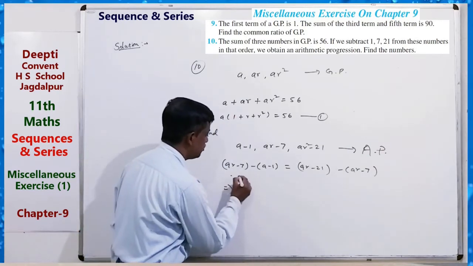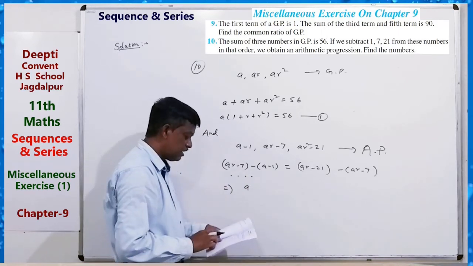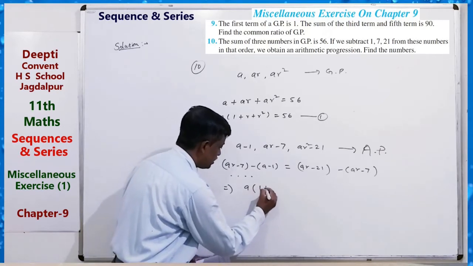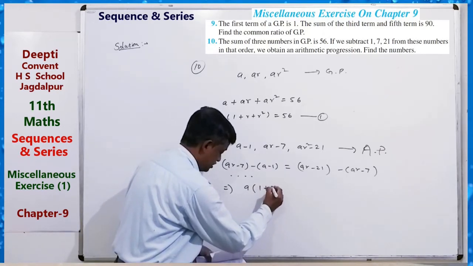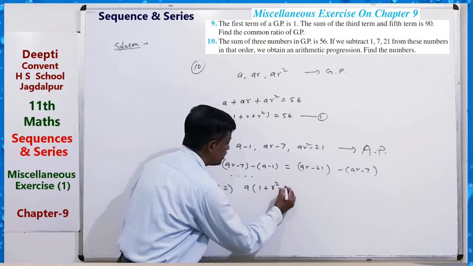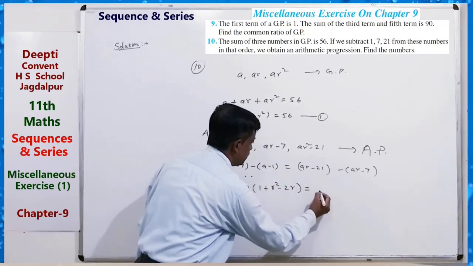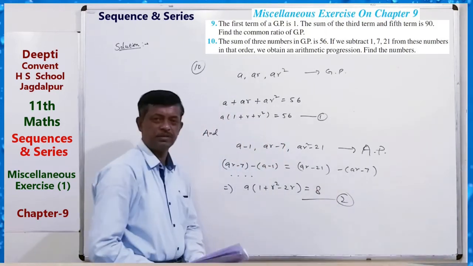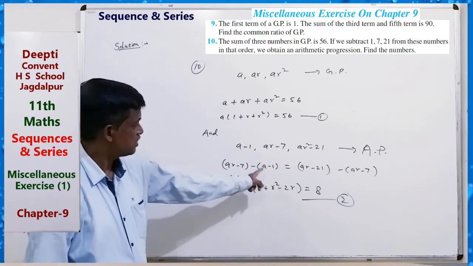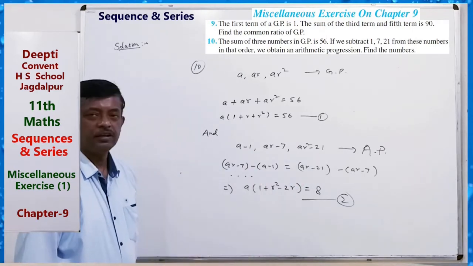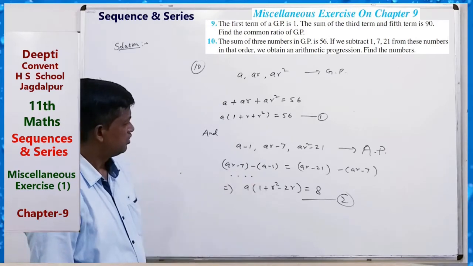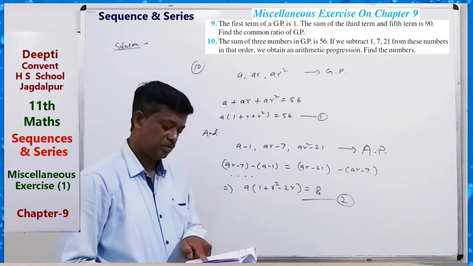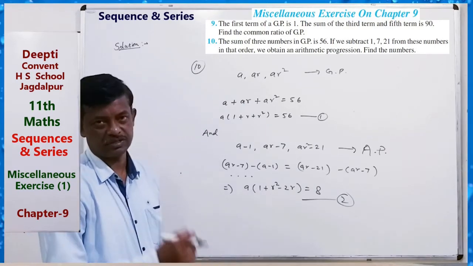Just solve it. Taking A common, you can get A times 1 plus R square minus 2R equals 8. This is equation 2, which is A times R minus 1 whole square equals 8.